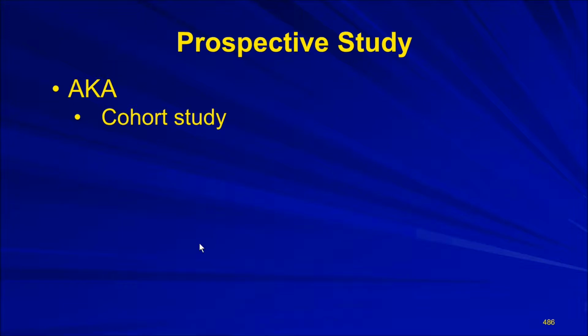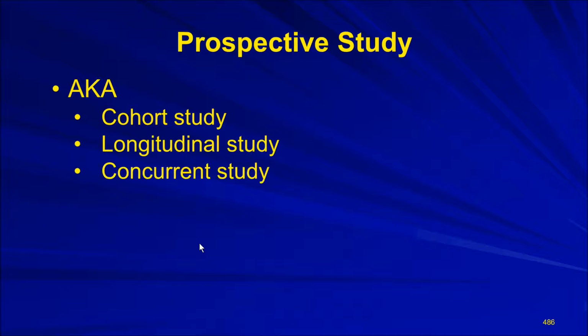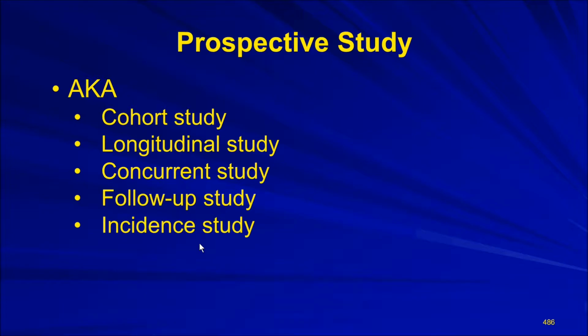A prospective study could be called a cohort study, a longitudinal study, a concurrent study, a follow-up study, an incidence study, and I'll talk about that, and a prevalence study. Okay, now remember, the word cohort is reserved for longitudinal study.